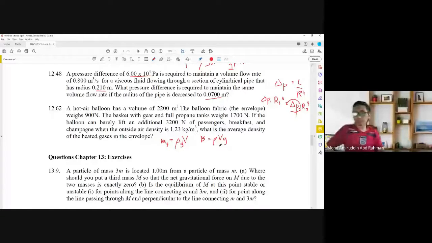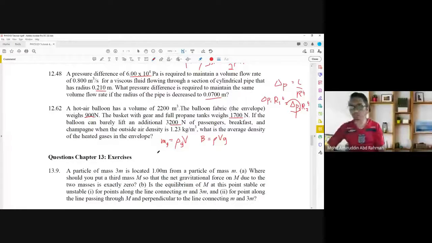So you can mention the total weight inside the balloon: how much? It is this one plus that one and also that one. So that's the total weight.